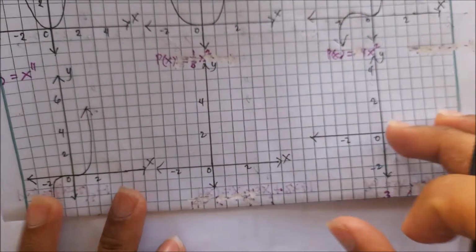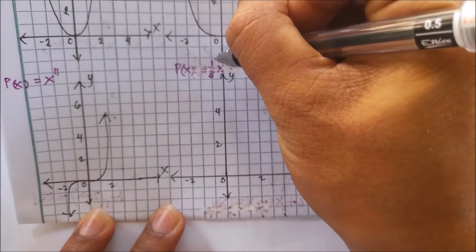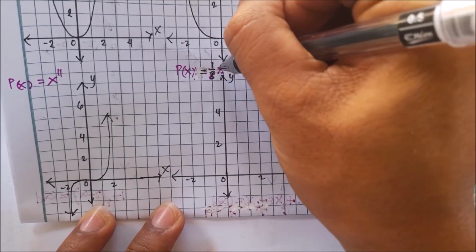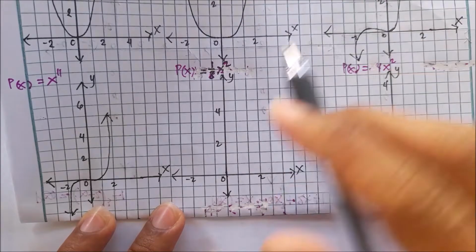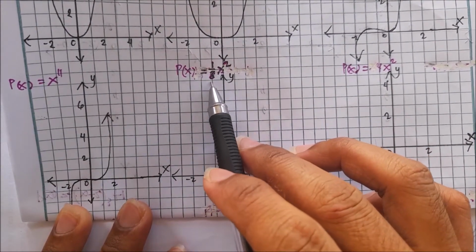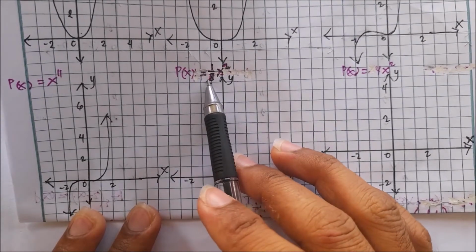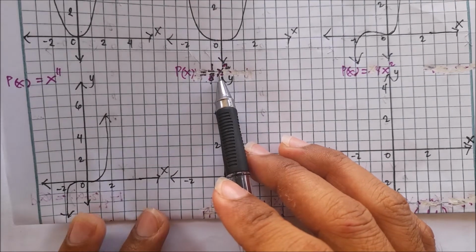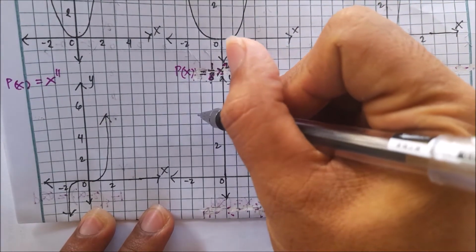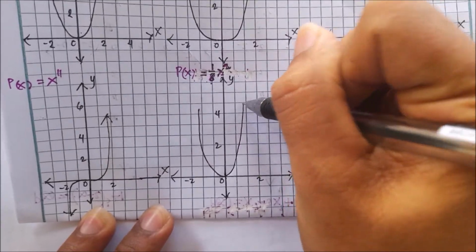Now, here is the graph that I prepared. If the given equation is 1 over 8 x raised to 2, an even exponent with positive coefficient 1 over 8, what is the form of the graph? Since it is a positive coefficient, the form of the graph is upward.